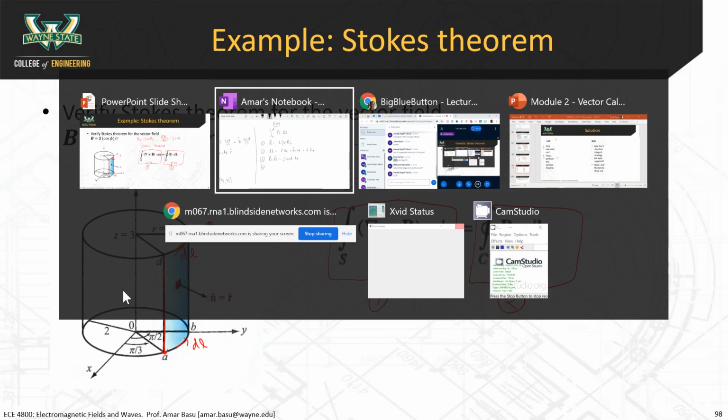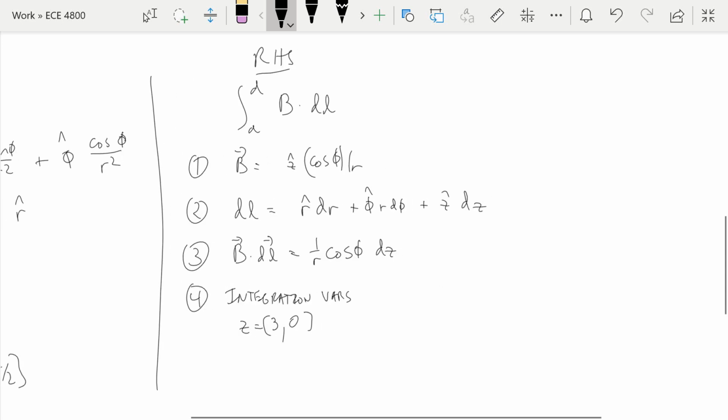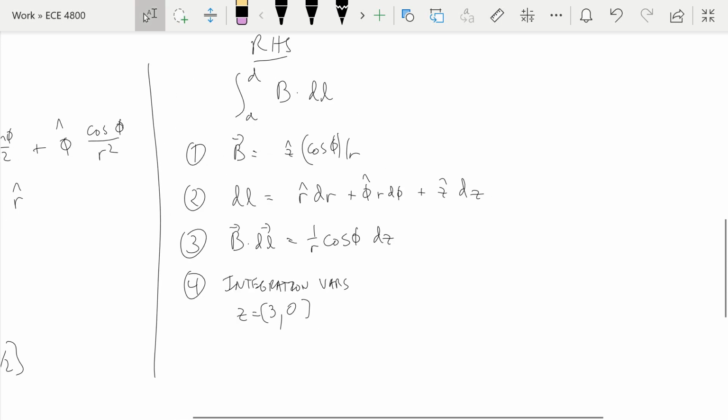So we're going to put down our integration variables. Our z is going from 3 to 0. Now there's actually a very important point that I want to make here.